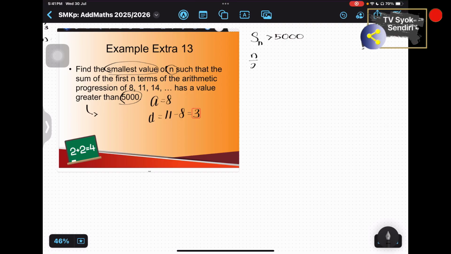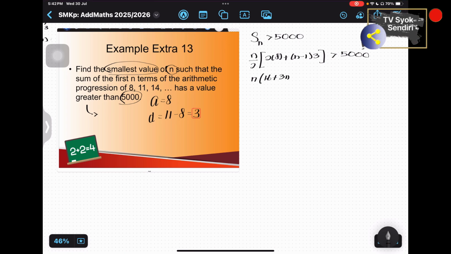Now sub into the formula, n over 2 times 2a plus n minus 1 multiplied by d, then it's greater than 5,000. So this is the formula that we get. Now multiply in.